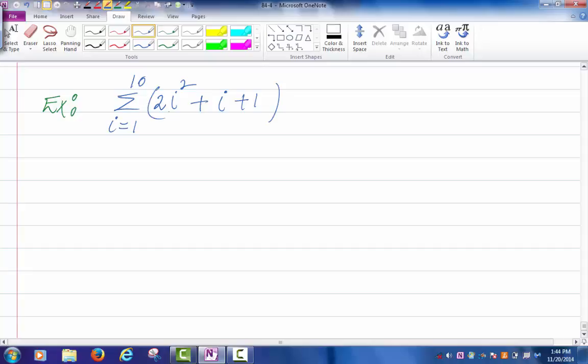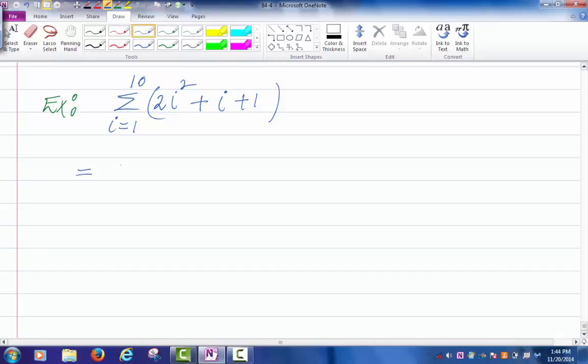Okay, so 2i squared plus i plus 1, that's the formula for the ith summand. One way to do this problem would be that you compute each summand and then add them. However, we want to use those formulas. So imagine instead of 10, I have 100. Then you wouldn't want to compute each summand and then add.